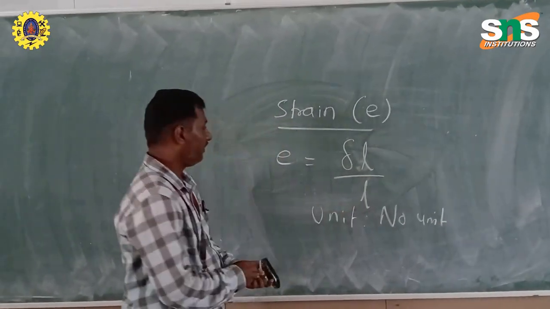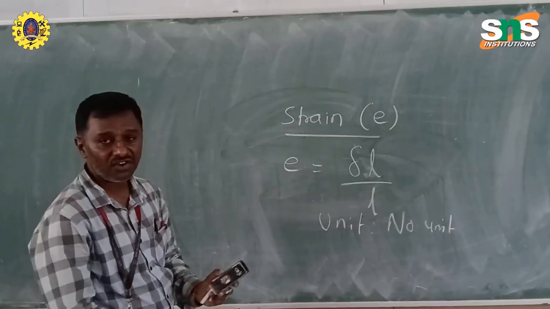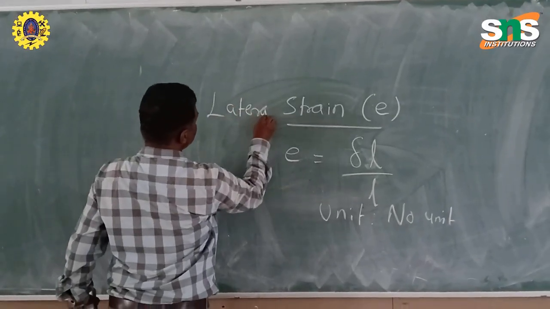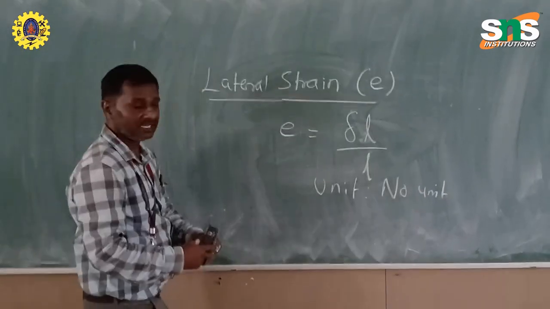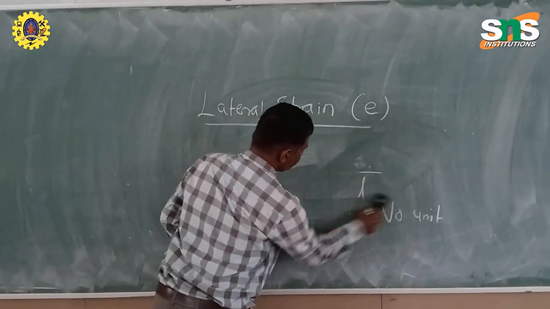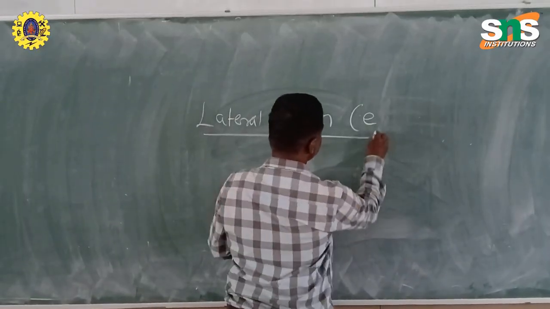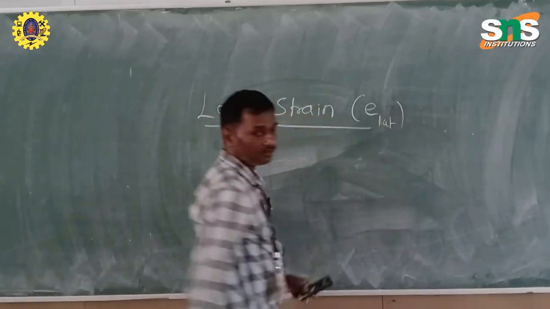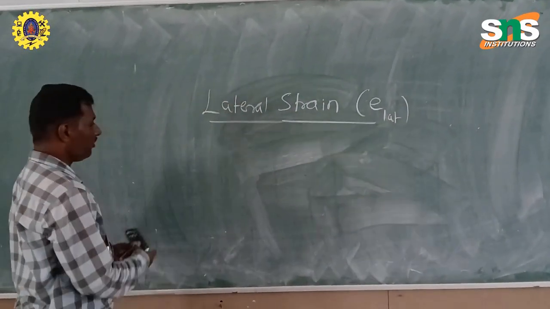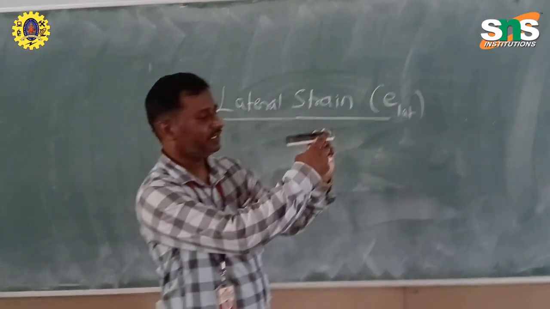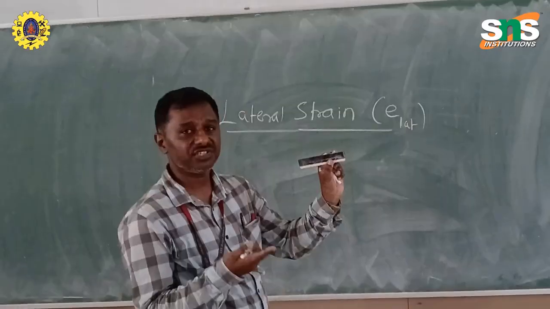Then we have another terminology called lateral strain. It should be specifically given as lateral strain. We can simply represent this e as lateral. Earlier I used only length for linear or longitudinal strain.